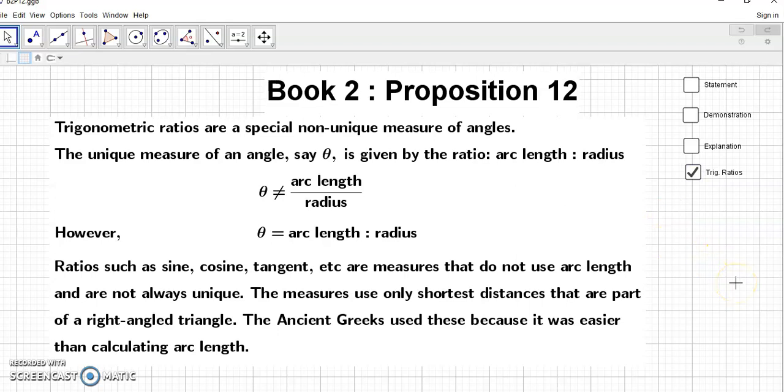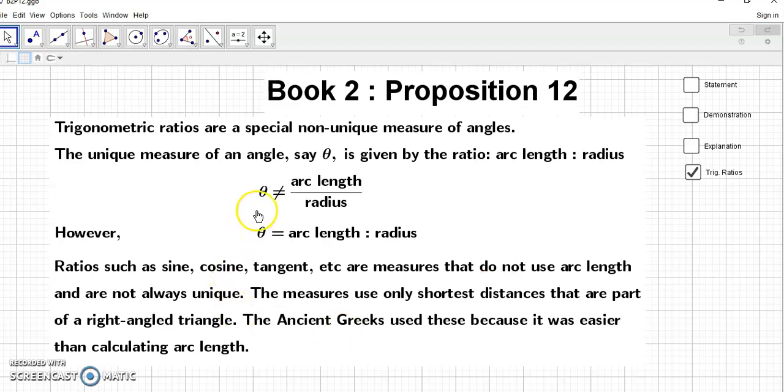Trigonometric ratios are a special non-unique measure of angles. What I mean by that is, unlike Wilberger's rational trigonometry, which is a bunch of rubbish, the unique measure of an angle, any angle, say theta, is given by the ratio of arc length to the radius.